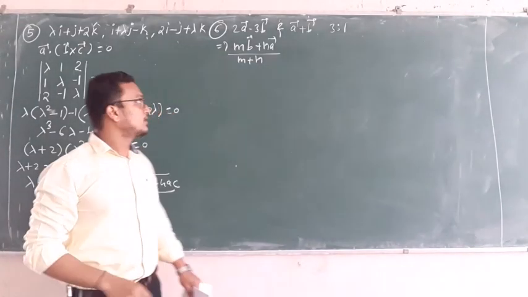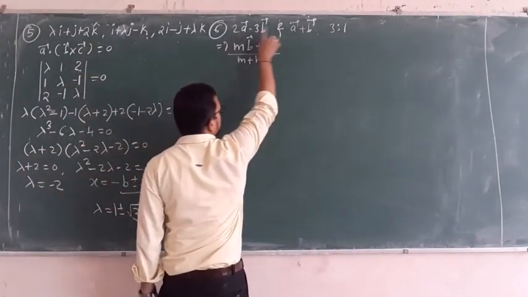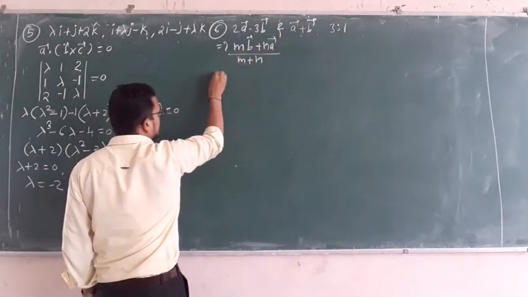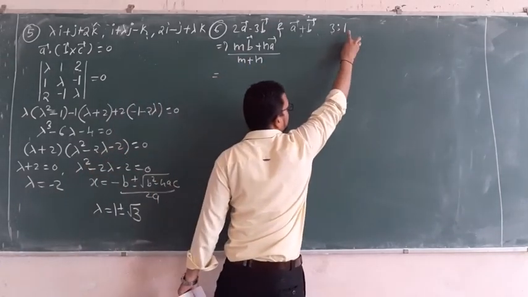Now this is your vector A, this is your vector B, and this is your m, this is your n.